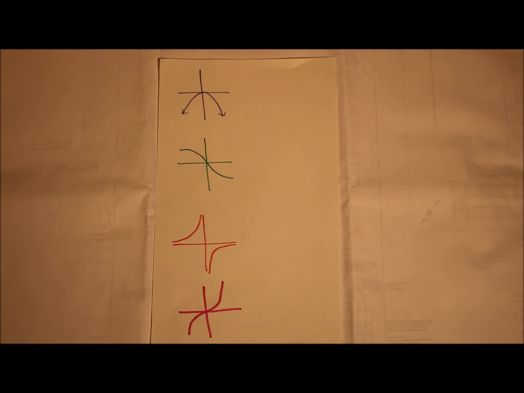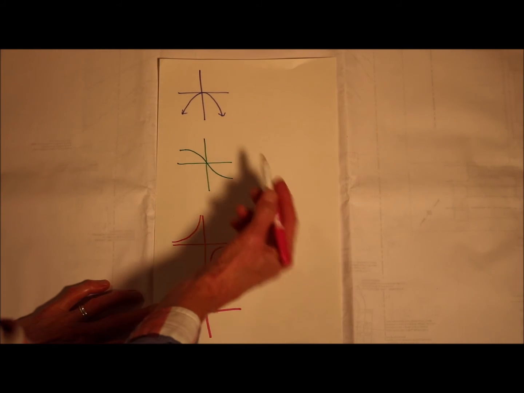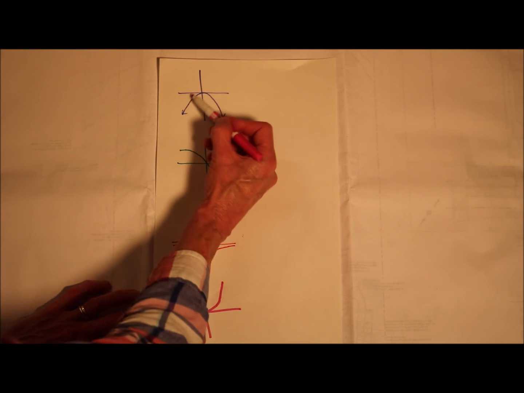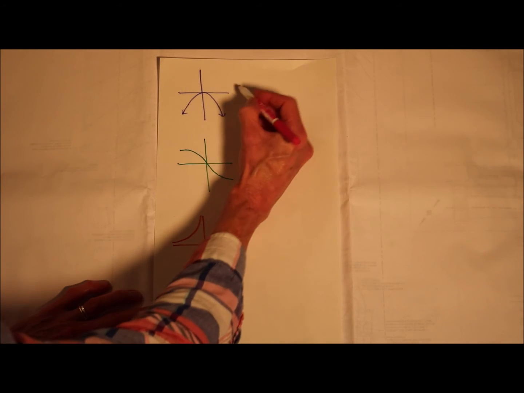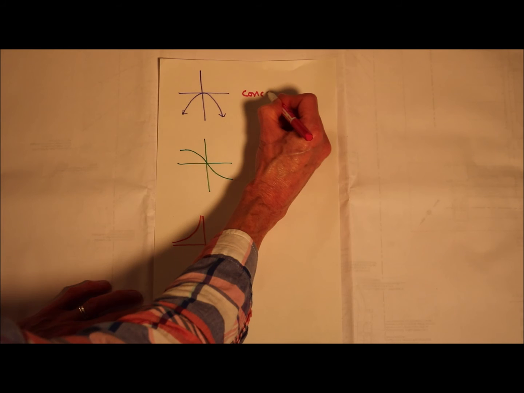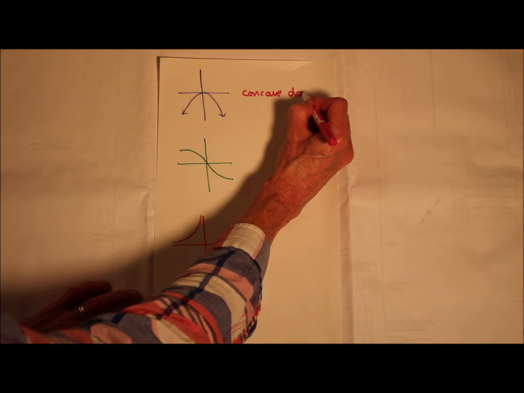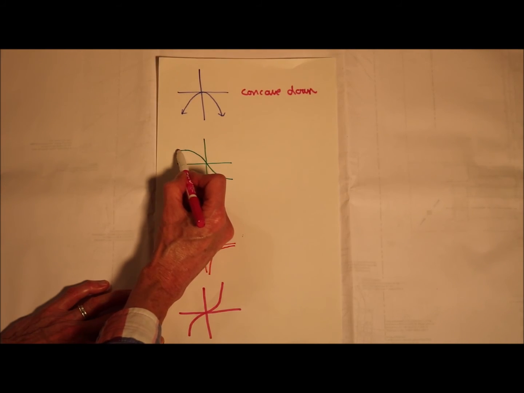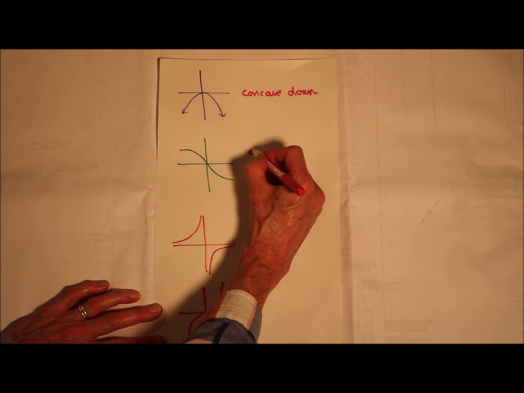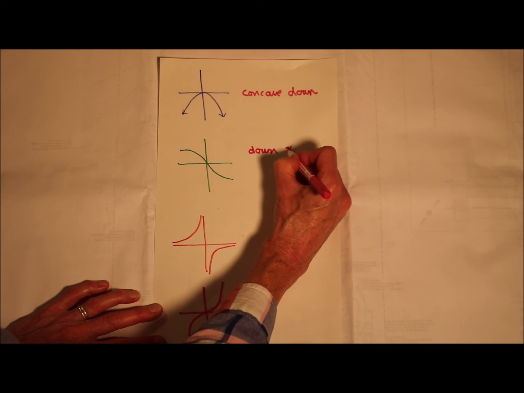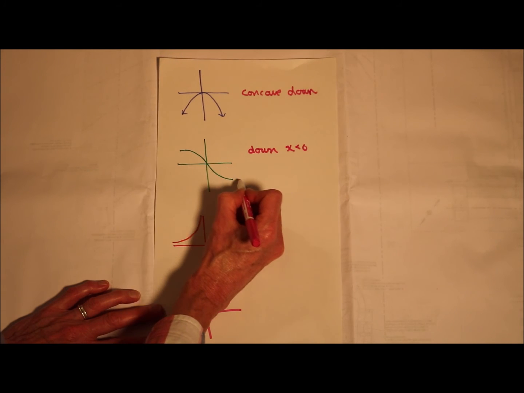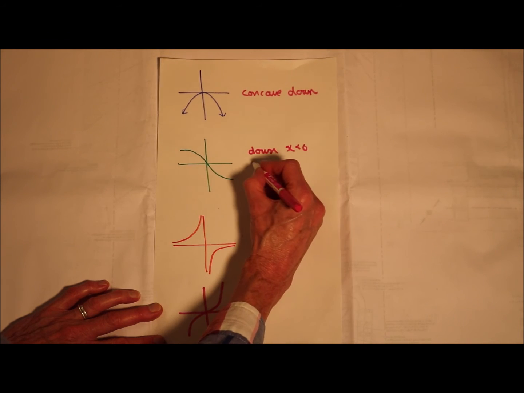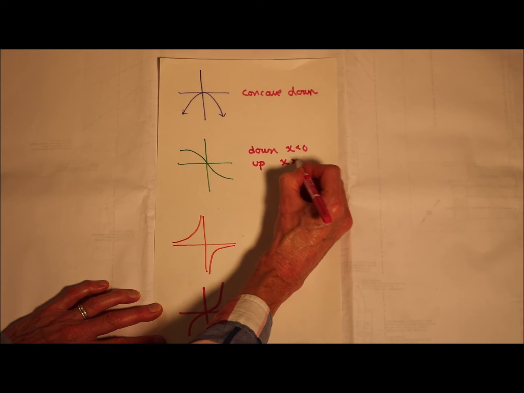So now let's just quickly review some of the vocabulary that we've been working with. So let's talk about the concavity of this. Concavity, we'll talk about this more when we get into calculus. It talks about how the slope is changing, right? So concave down is like an umbrella, right? So this is concave down for its whole domain. Here, this is concave down for x less than 0. And look here, ooh, that looks like a bowl, or concave up for x greater than 0.